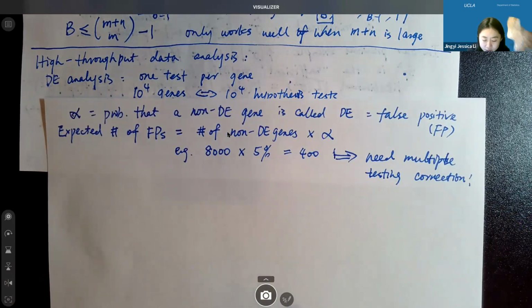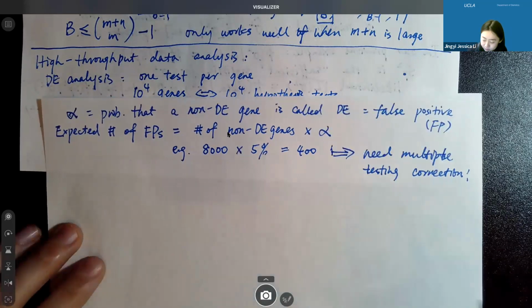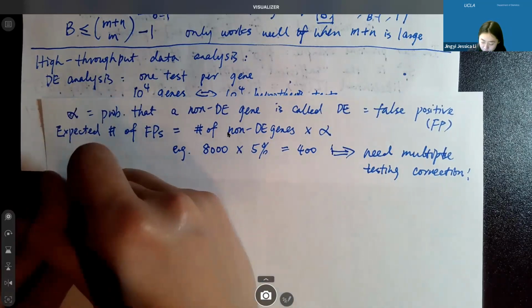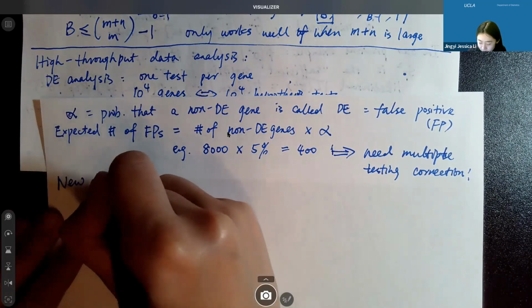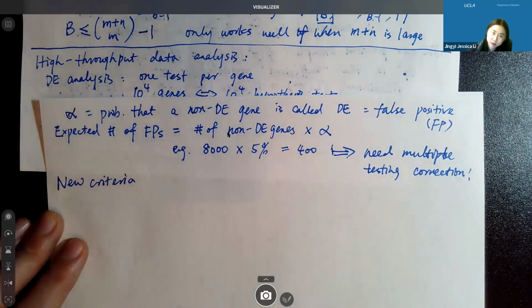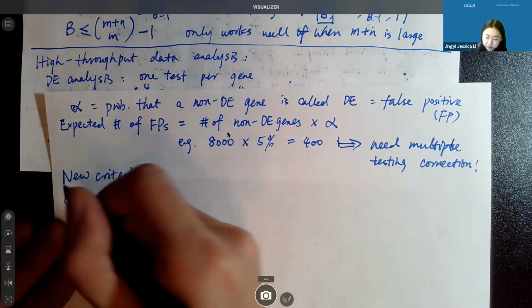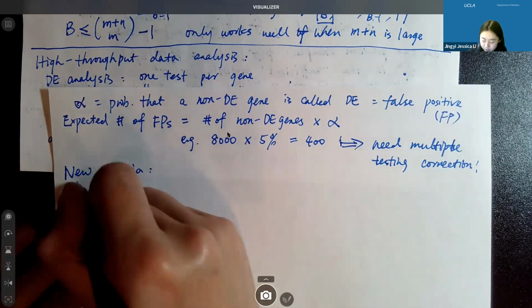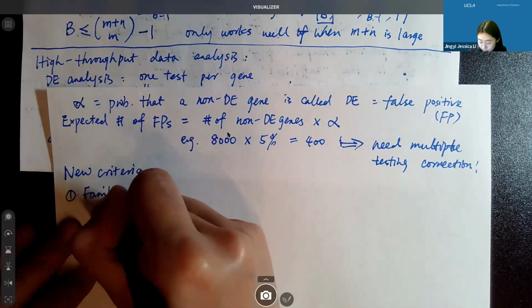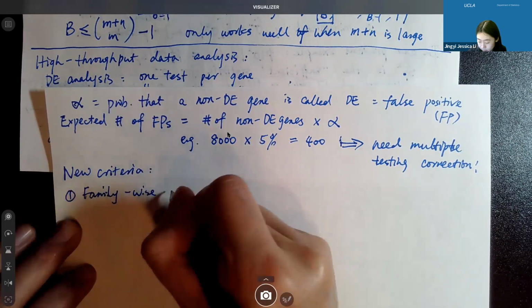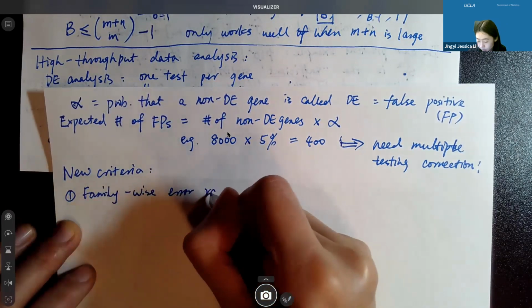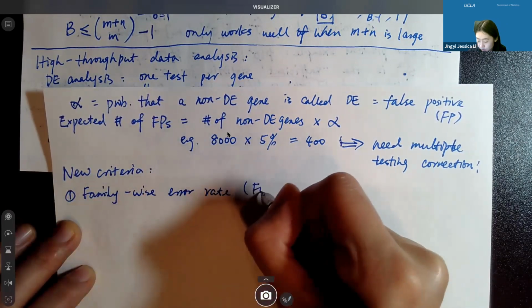Okay, so related to this, there are two criteria that have been proposed. So we need a new criterion other than the type 1 error or significance level. That's not satisfactory. The first criterion is called family-wise error rate, which is short as FWER.